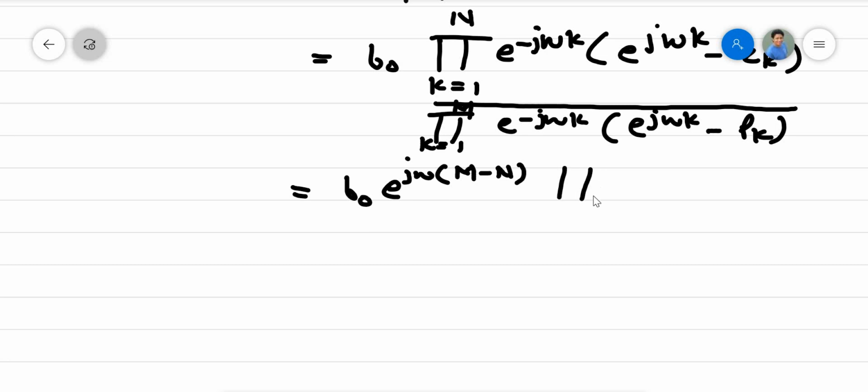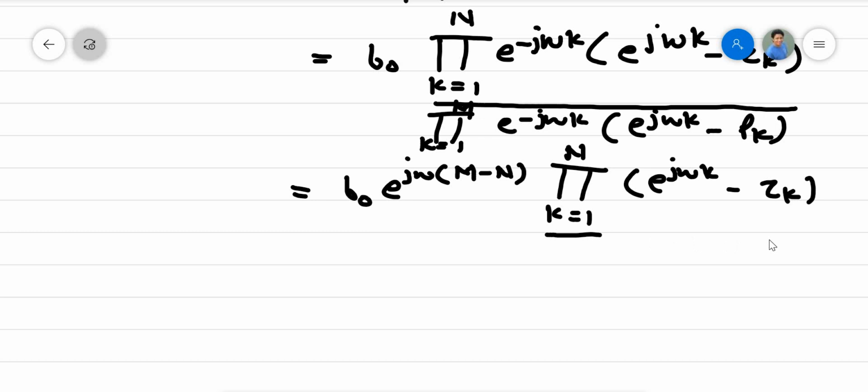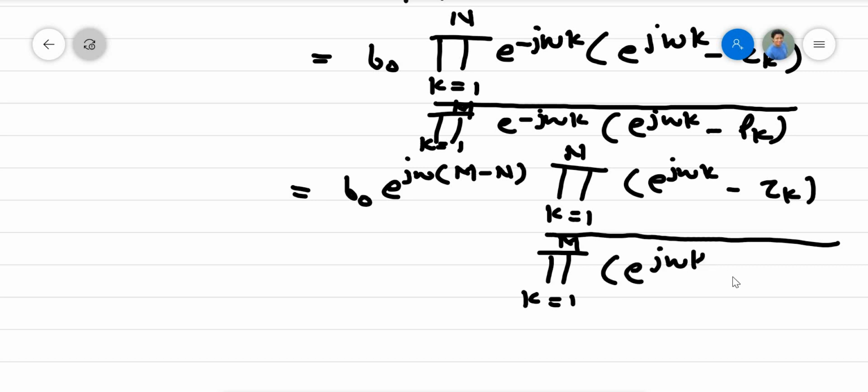So then there will be the multiplication of the product k equals 1 to n of (e^(jω) minus z_k), over the product k equals 1 to m of (e^(jω) minus p_k).